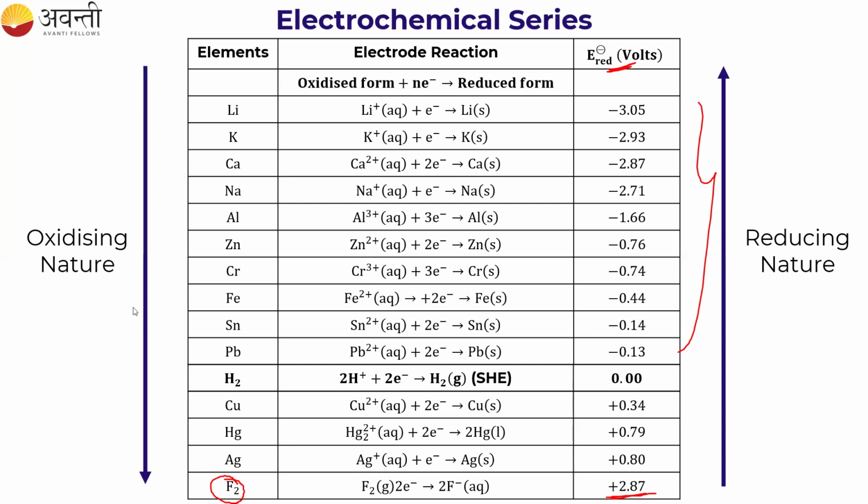Okay. So students, are you able to understand all the topics till electrochemical series which we have discussed so far? Do you have any doubts? Do any of you have any doubts from the electrode potential value and the electrochemical series? Yes or no?